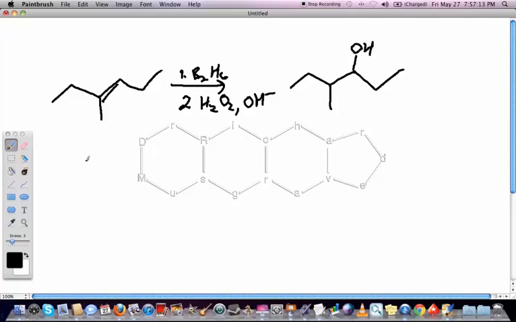If you've got B2H6, it is called diborane, and it has this kind of structure.